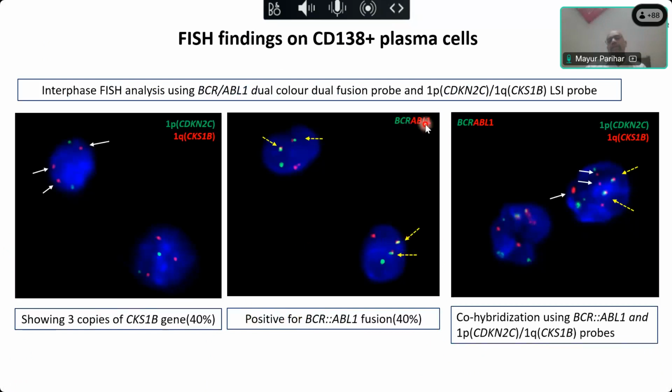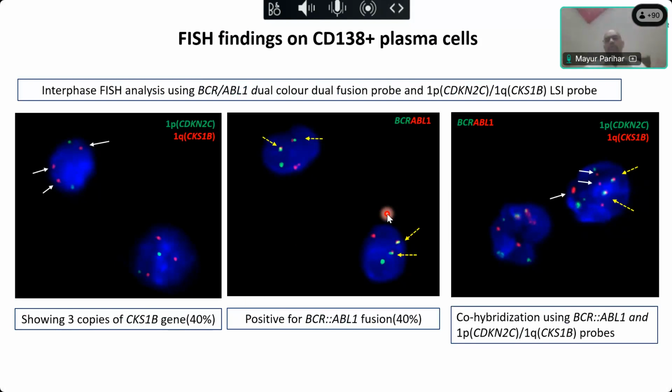We got BCR-ABL fusions even on the plasma cells. So we have a population of plasma cells showing BCR-ABL fusion. The BCR-ABL was probably occurring at a very high stem cell level, which is why it is also present in B lineage cells, and then from those B lineage cells, you got a myeloma.